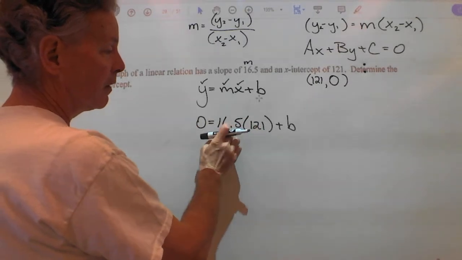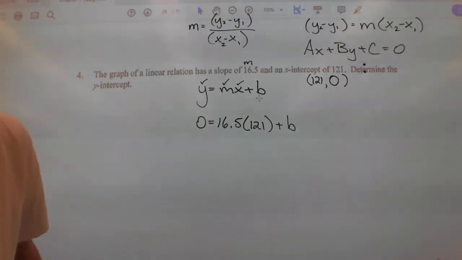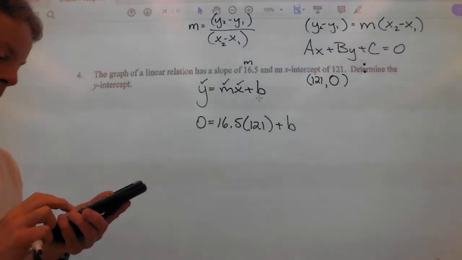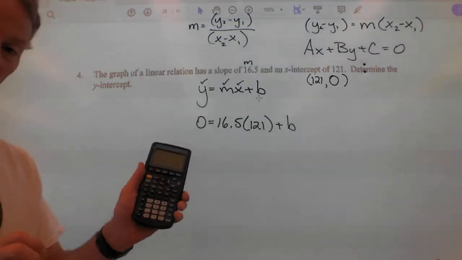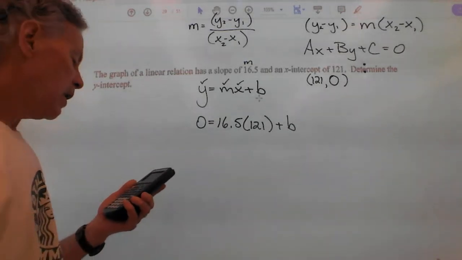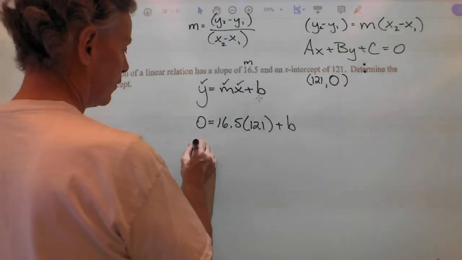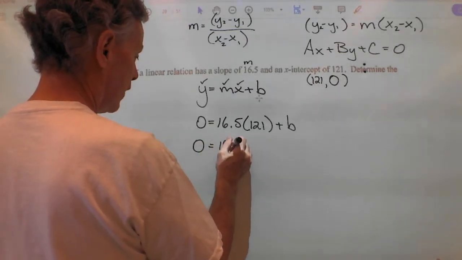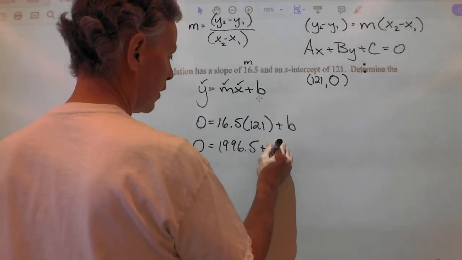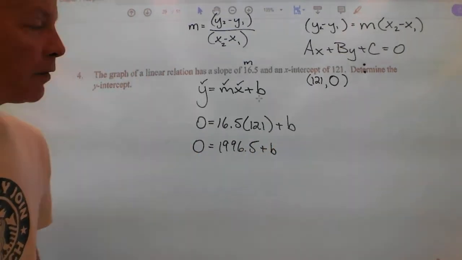So we've got 0 on this side. We simplify here, 16.5 times 121. I'm not even going to try it. Calculators are so nice. It gives us 1,996.5. So 0 equals 1,996.5 plus b. The rest is easy.